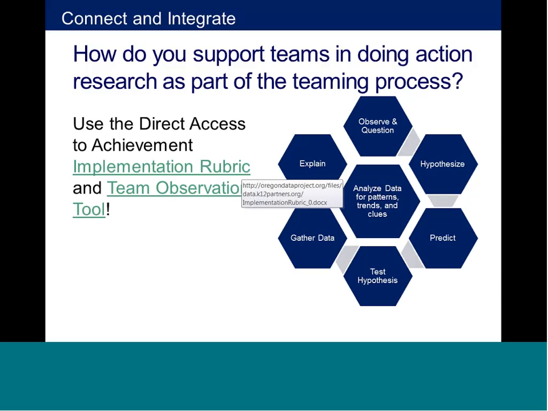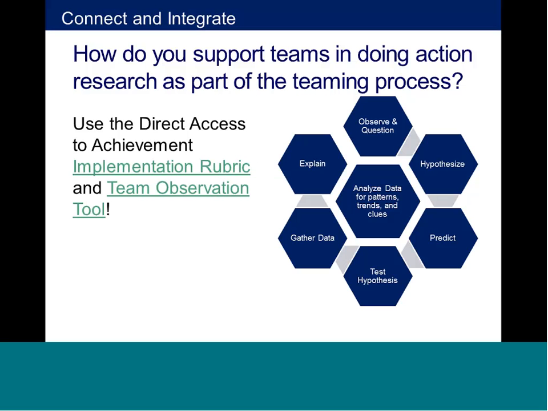The implementation rubric and the team observation tool are phenomenal pieces that have really captured some of the discussion over the years about how do you really help people implement.